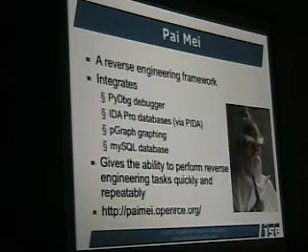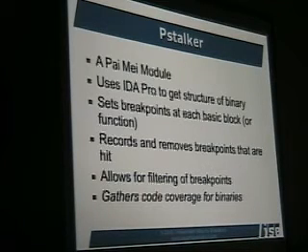What it does is it integrates a debugger, information from IDA Pro, and a database. It allows you to script and do things that a reverse engineer would want to do very quickly and easily. It has a module called PStalker, which basically gives you code coverage, which is what I care about a lot.